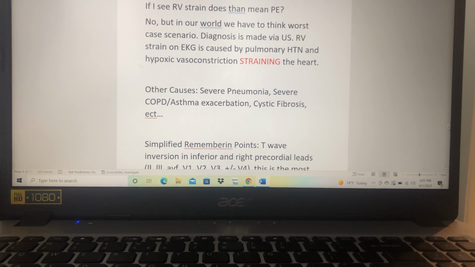At the end of the day, you have a very sick patient if you see this, because it's all caused by strain on the right ventricle. It's pulmonary hypertension and hypoxic vasoconstriction, and it's putting stress on the heart, especially the right ventricle.